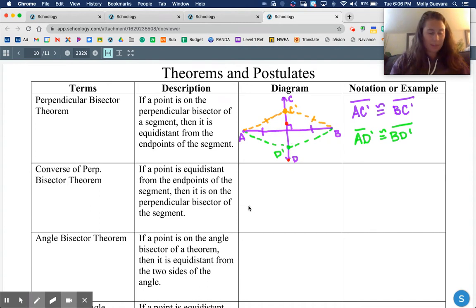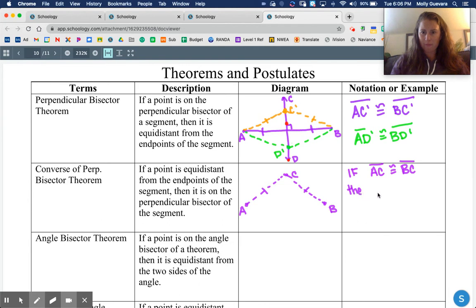This is saying, if I have my points again, A, B, and then let's just pick a random point up here, C. If AC and BC are equal, so if AC is congruent to BC, then point C is on the perpendicular bisector.